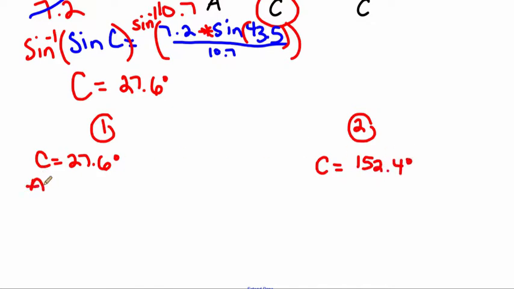Angle A we were given, angle A was 43.5 degrees, and it stays 43.5 degrees in this triangle too.